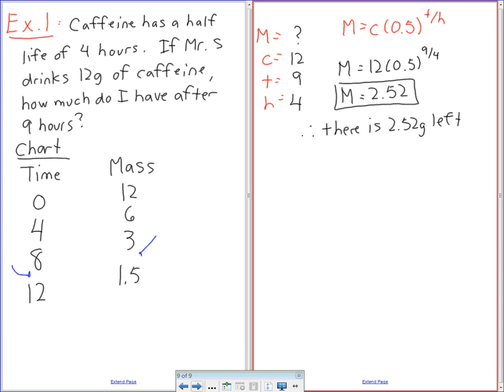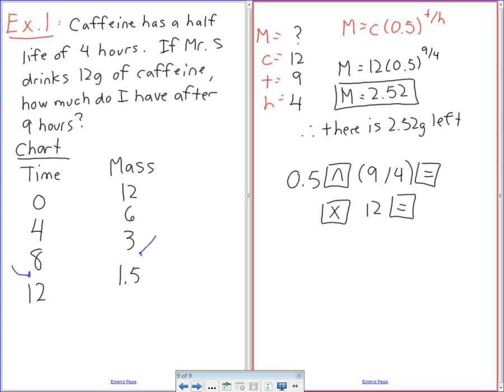Okay, so let's go through here. The answer should be 2.52. How you should have gotten that, if you have an old-fashioned calculator like me, is I did 0.5 to the power, bracket, 9 divided by 4, bracket, equals, and then times 12, and then equals. That's on my old-fashioned calculator. If you have a super-duper calculator, you should be able to do that all in one step.